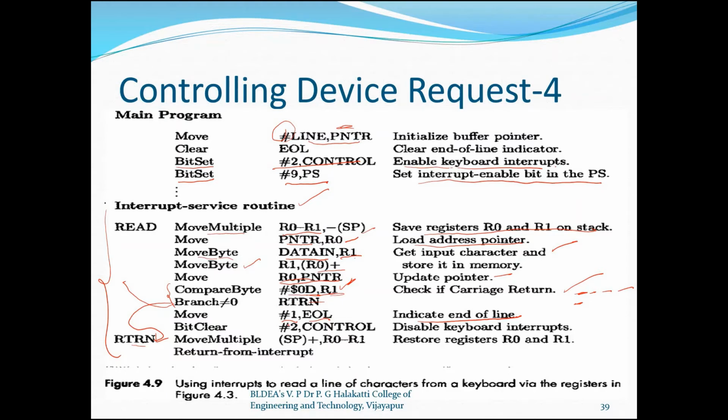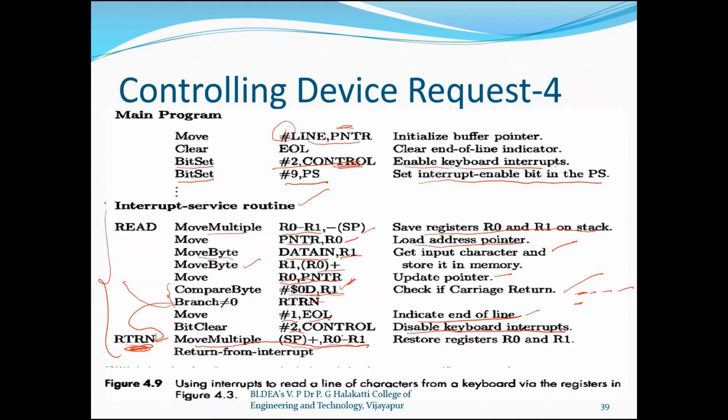Okay, so here we are going to indicate that this is the end of the line, and we clear the bit of the control register, that is the second bit, which will disable the keyboard interrupts. Right now, before going to the main program, we have to copy back the contents of the registers R0 and R1 which are stored on top of the stack.